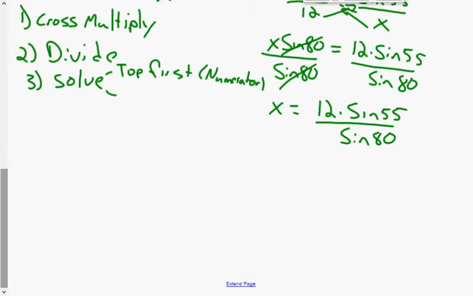And then you do the bottom or your denominator. Okay? So I know that 12 times sine 55, so I'm going to punch that into my calculator. Works out to be 9.83. Divided by sine 80.